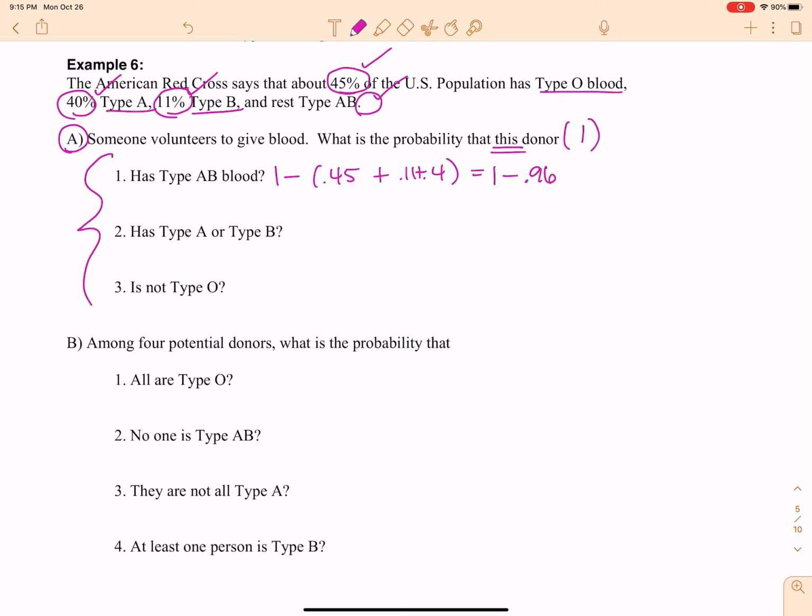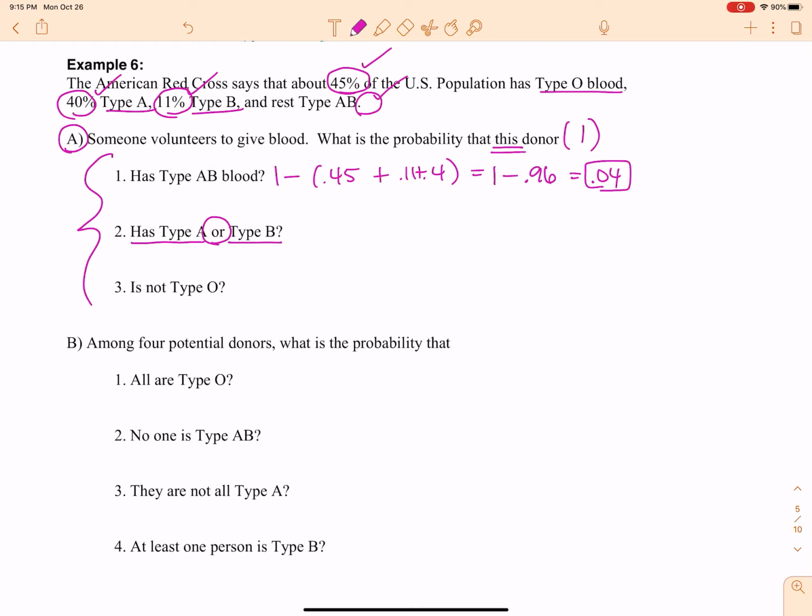So this is 1 minus 0.96, which gives me 0.04. So the probability one individual will come in and donate blood and be type AB is 0.04, or 4%. Number 2: what is the probability this one person has type A or type B?